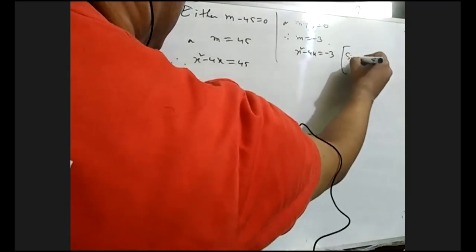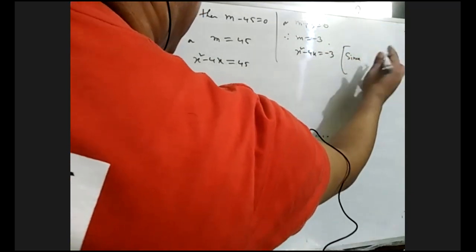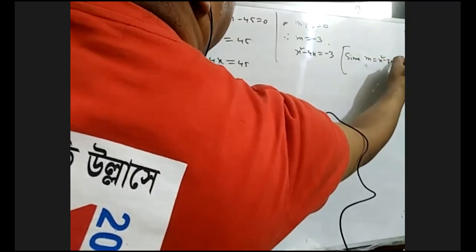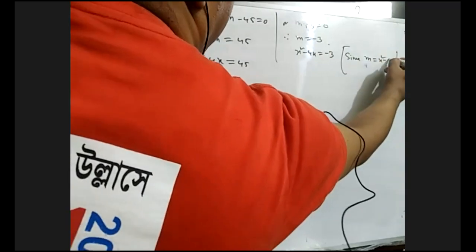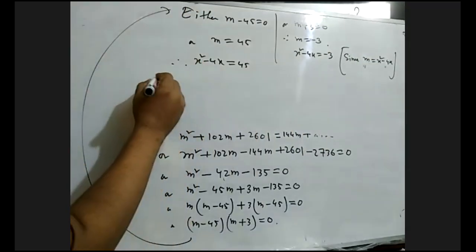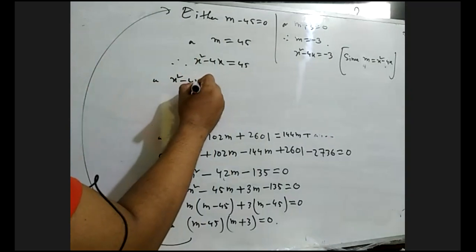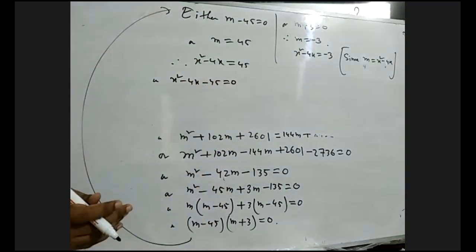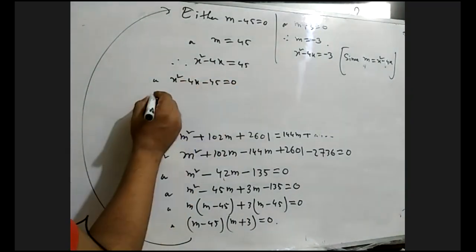Since m equals x square minus 4x, we get x square minus 4x minus 45 equals 0.